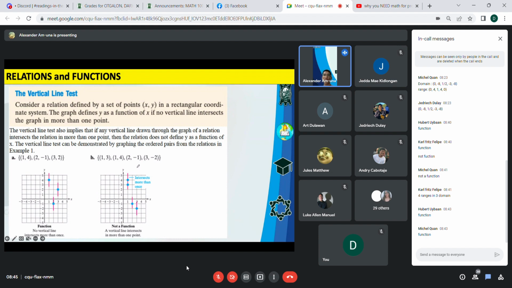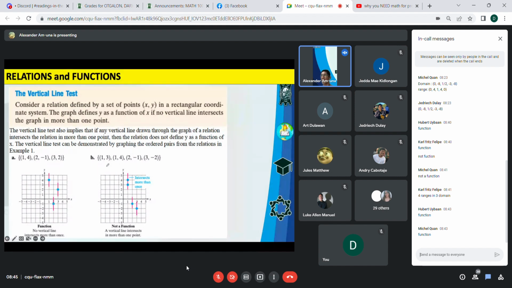If a vertical line touches the graph only once for every point, then it's a function. Otherwise, it's a relation. Okay, so let's have an example here. We have the 3 points here. You draw a vertical line. It will only touch those 3 points once.